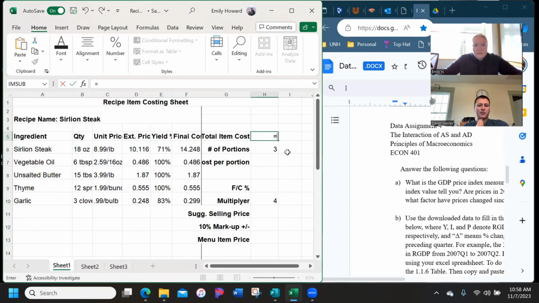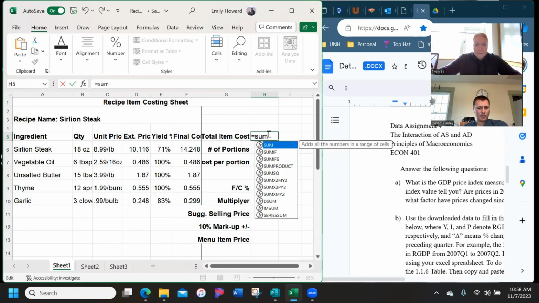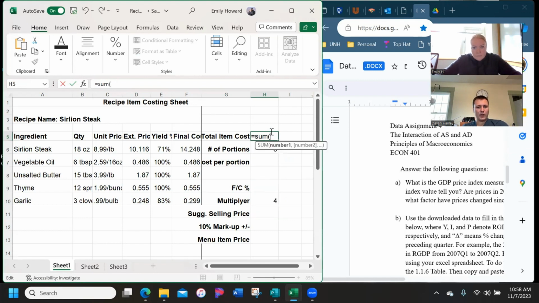And then type SUM, and then open parentheses. Click your first one, 14, click and drag down to the 0.299, and then end parentheses. So that will total it for you.